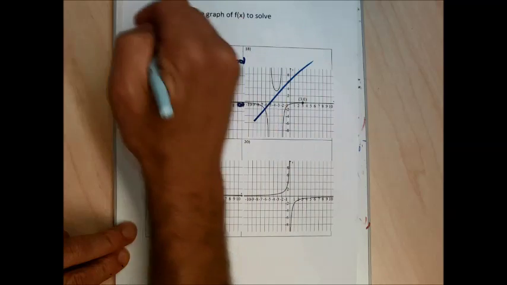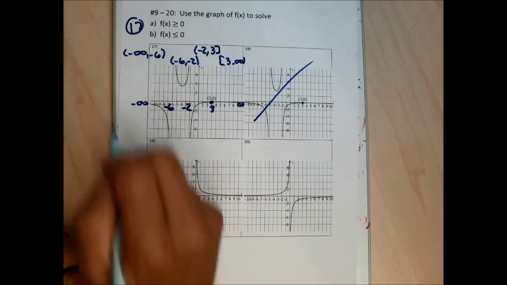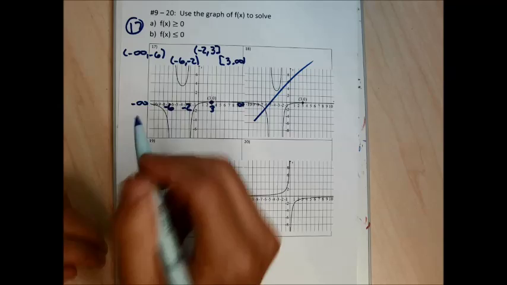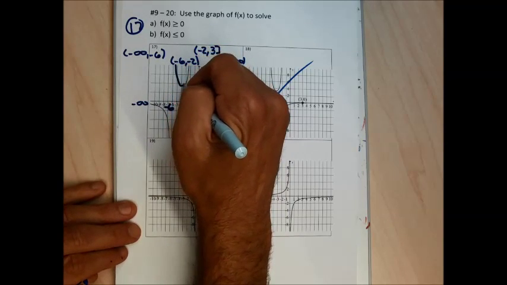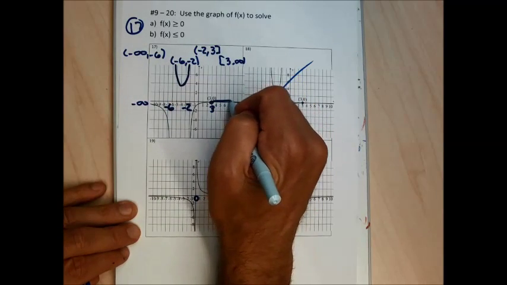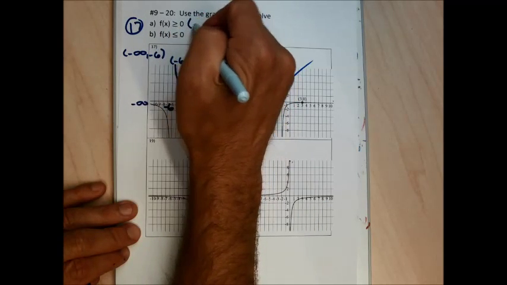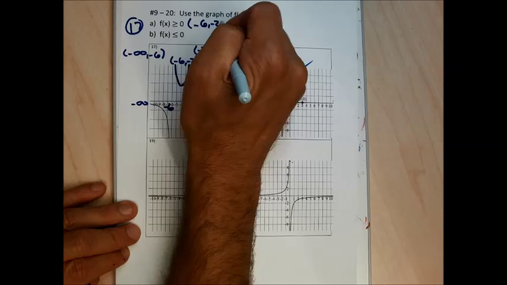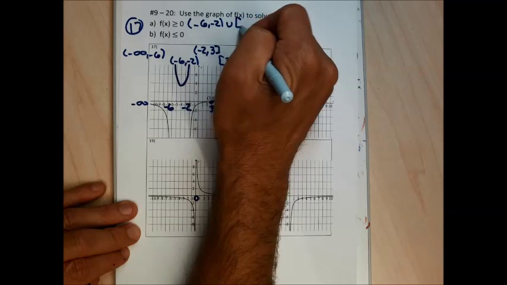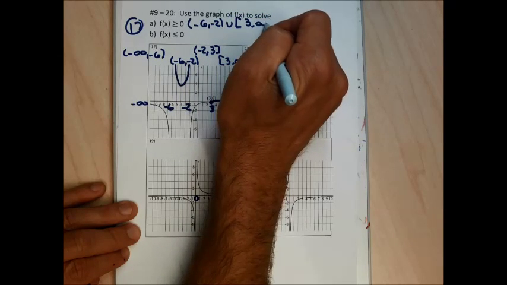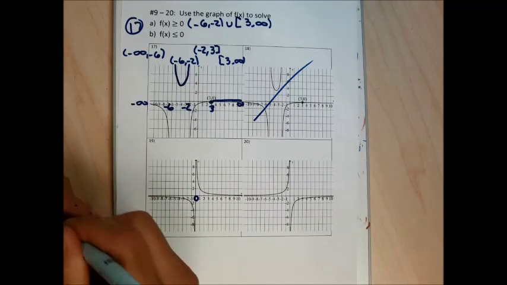When I go to answer number 17A, the regions that go in 17A are that region which is above the x-axis and that region which is above the x-axis. So 17A is going to have the intervals negative 6 to negative 2 and the interval 3 to infinity. 3 gets the square bracket, everything else gets round brackets.